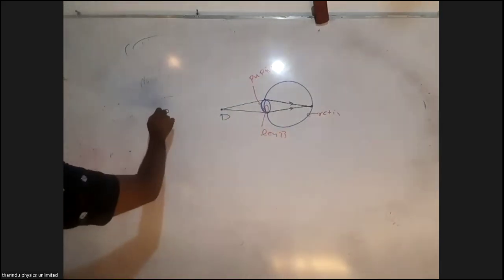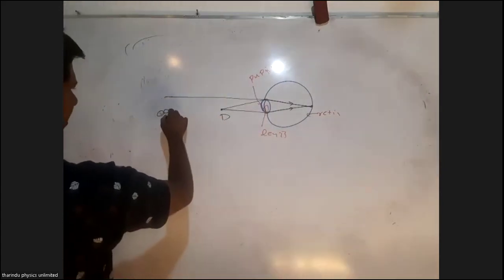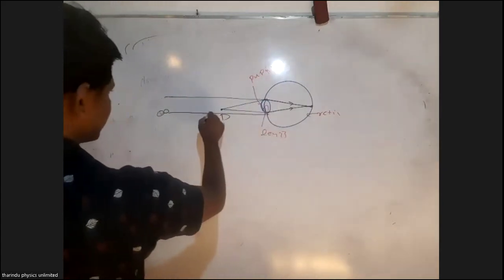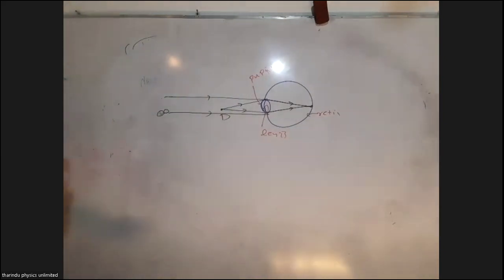Write it directly, capital D to infinity, from the minimum distance of distinct vision. From D to infinity.